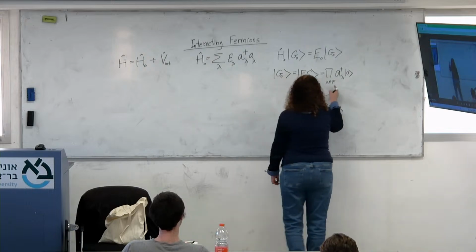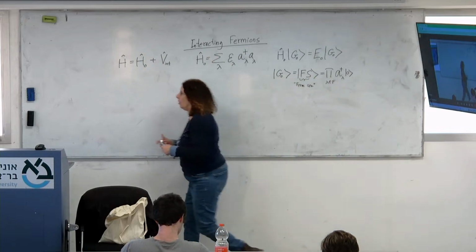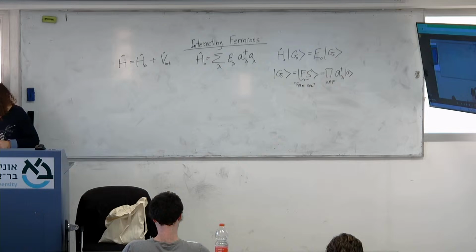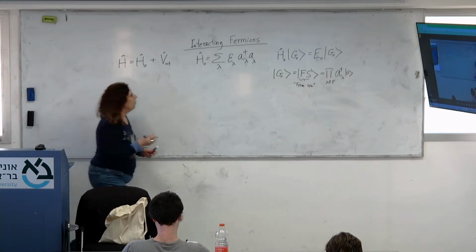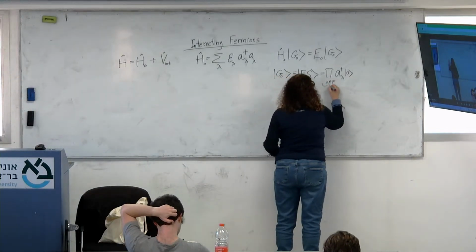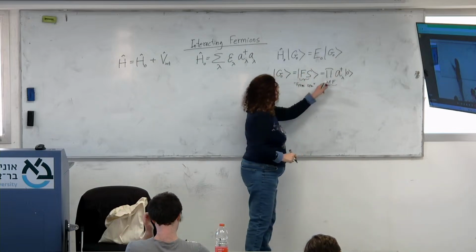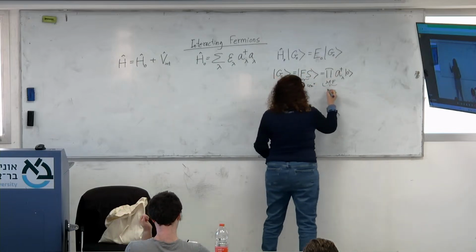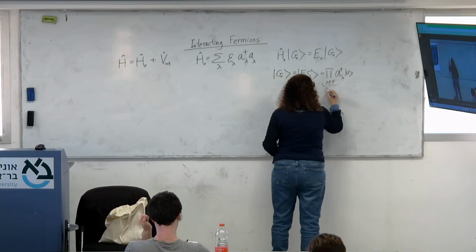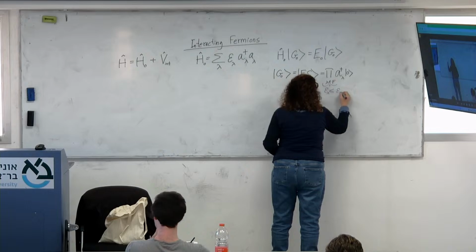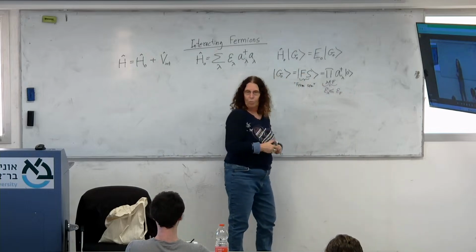So what is the definition here of the lambda? What do I mean by the notation lambda belongs to F? It means that epsilon lambda is smaller or equal to the Fermi energy.